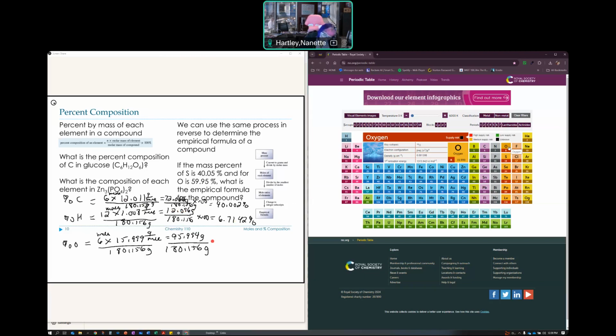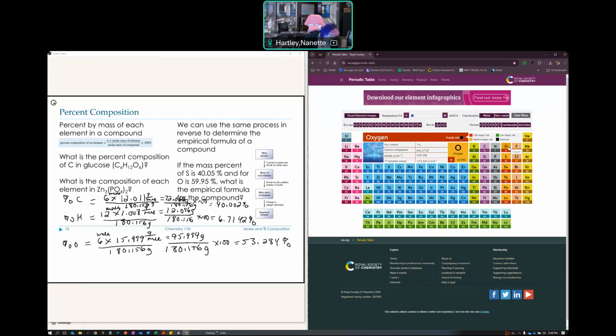And then this one, 95.994. I'll divide that by mass, which is at 180.156, and multiply that by 100. And then gives me 53.284%.